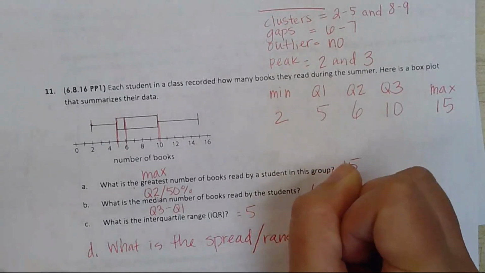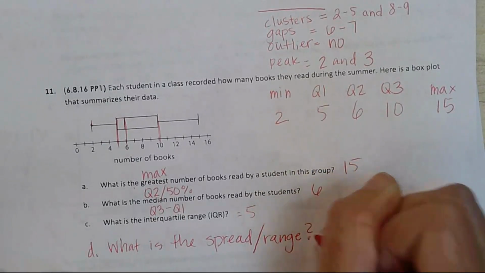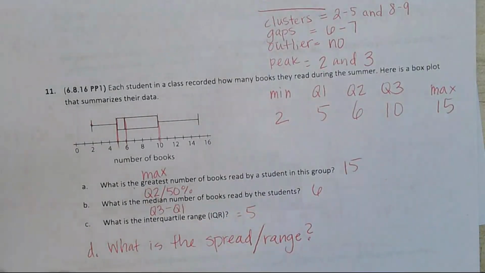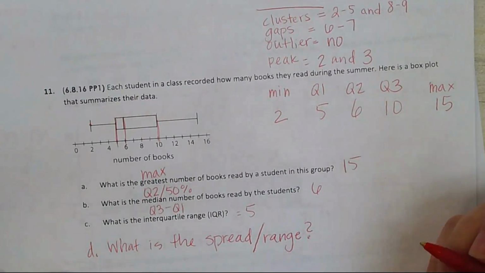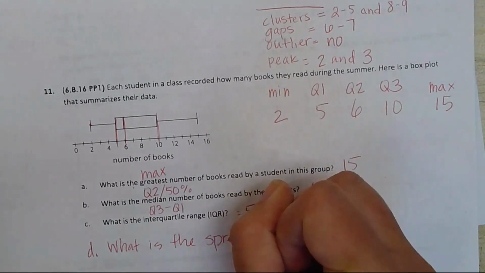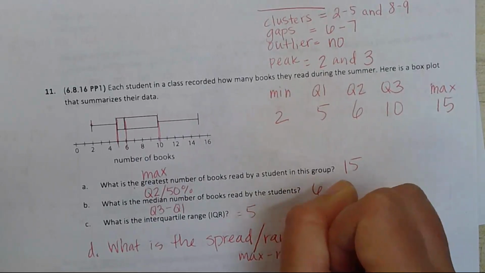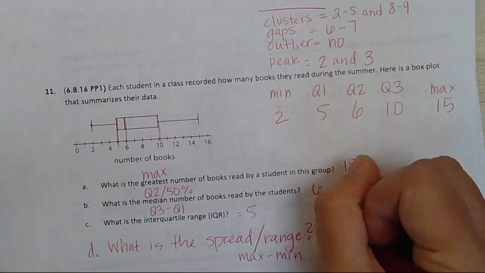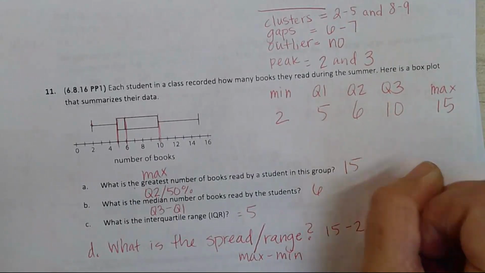Spread could also mean IQR, but it would have talked about the inner spread. It would have said something about the inside, okay? So, what is the spread? What is the range? That's max minus min. 15 minus 2 is 13.